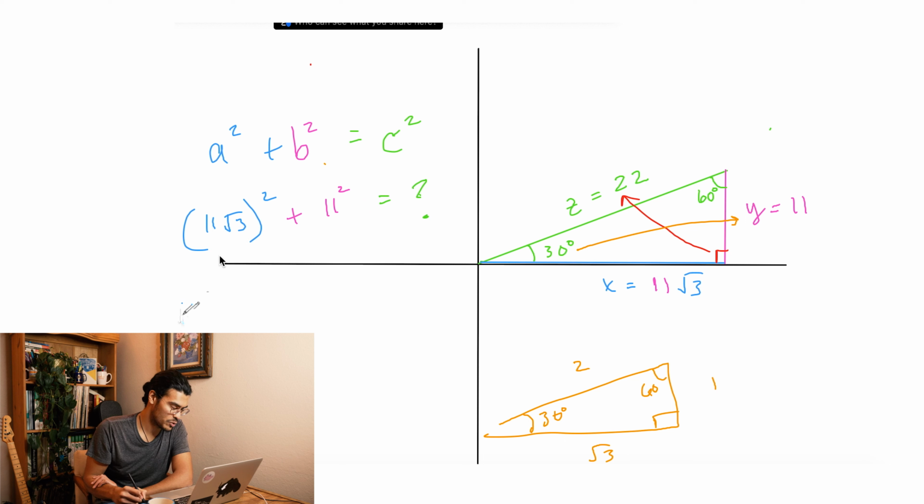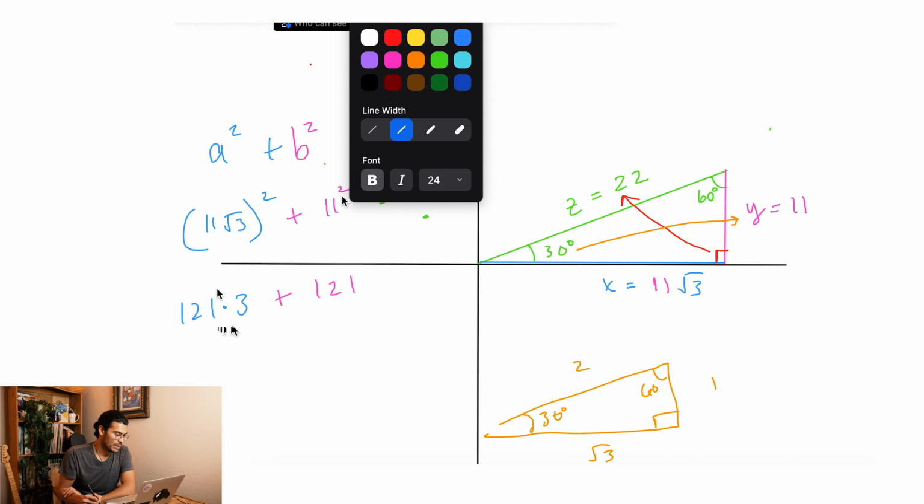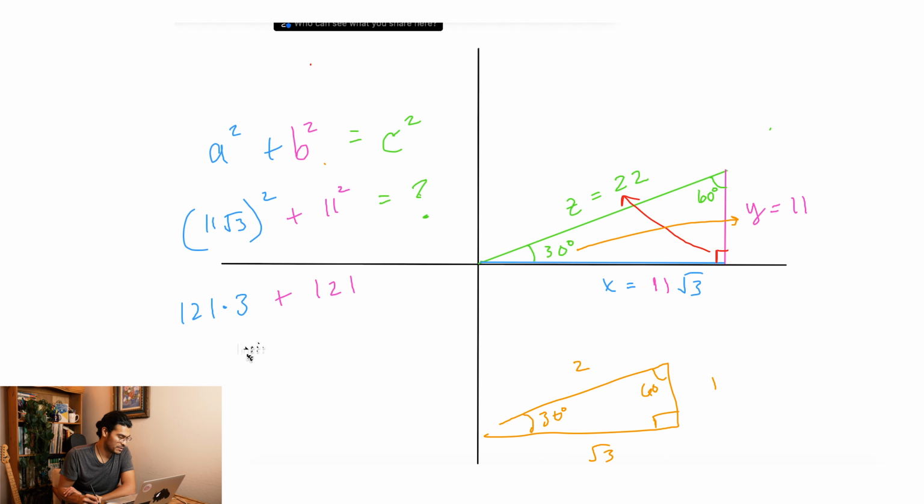11 squared is 121 times the square root of 3 squared, which is just 3, plus 11 squared, which is 121. Very nice. 121 times 3 is going to be 363, plus 121. You may have also seen that this is just like multiplying 121 times 4.